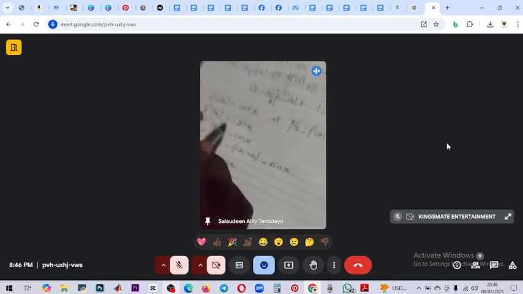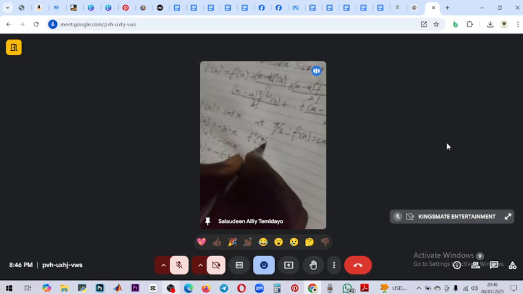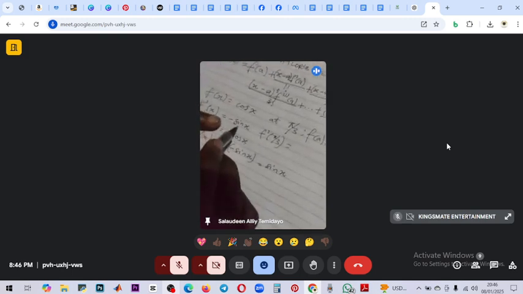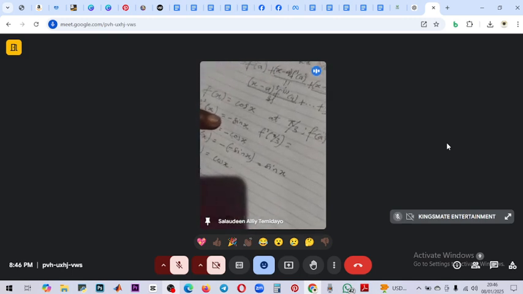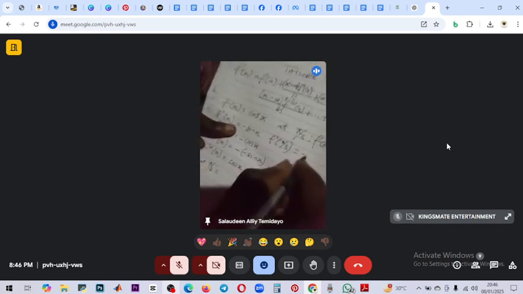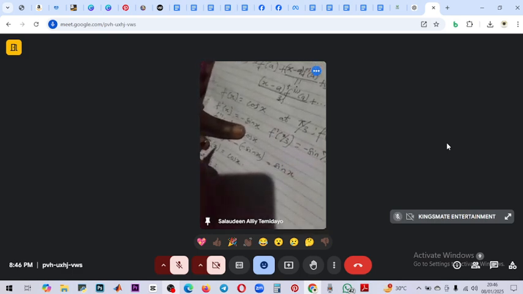Now, what is f prime of a? That is f prime of pi over 3. I've already known the value of f prime of x, right? So I just need to know the value of f prime of pi over 3. That will be minus sine x, which is what? Pi over 3.